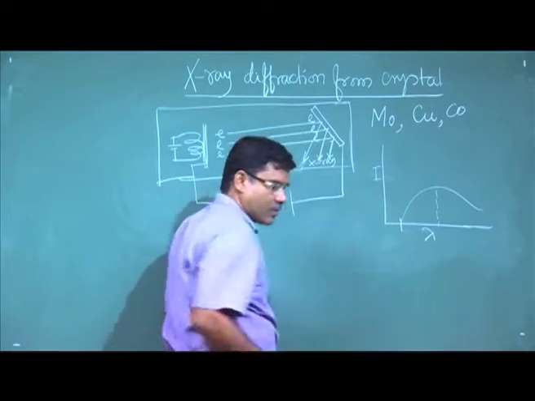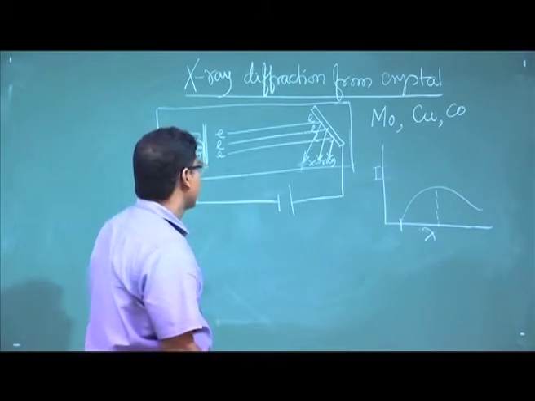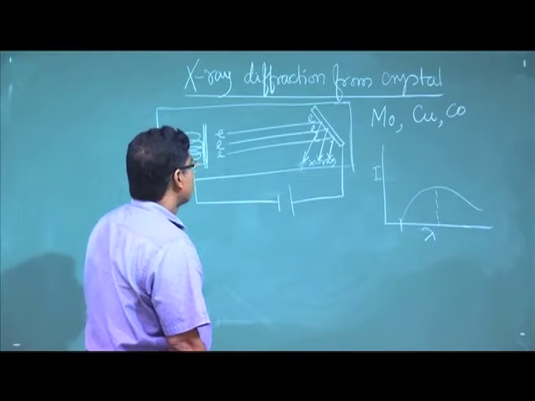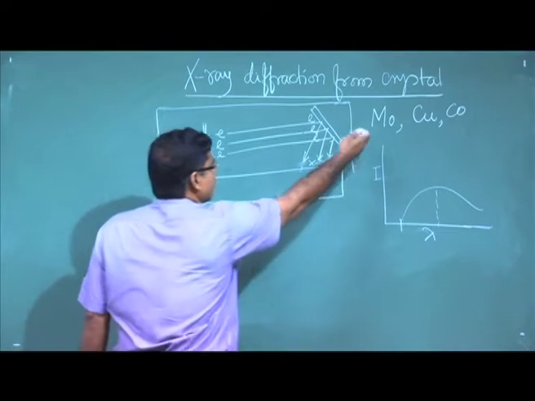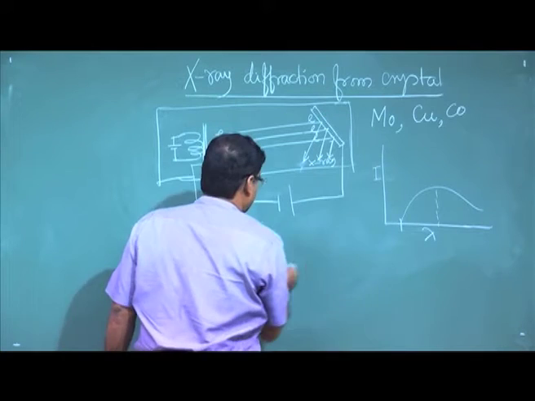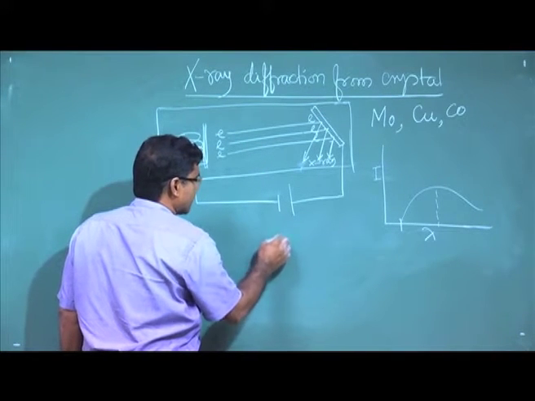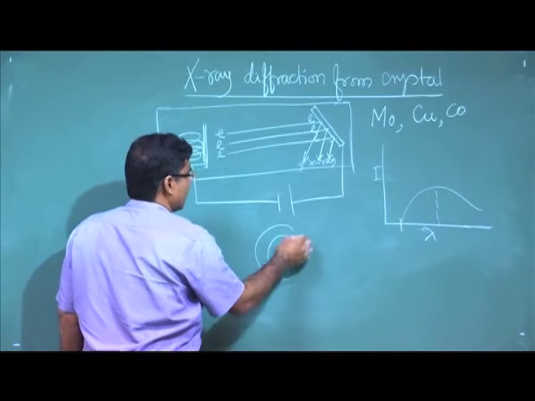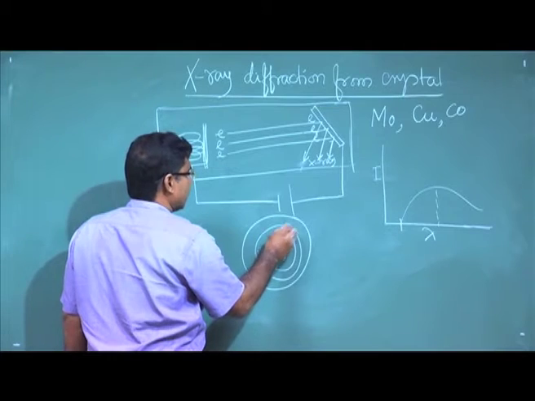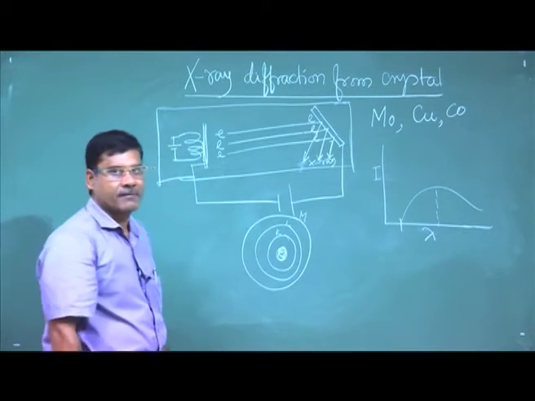So, conventionally these are the targets we use in our laboratory X-ray generator. So, this target has atoms and you know the atomic structure, right, it has K shell, L shell, M shell, right.